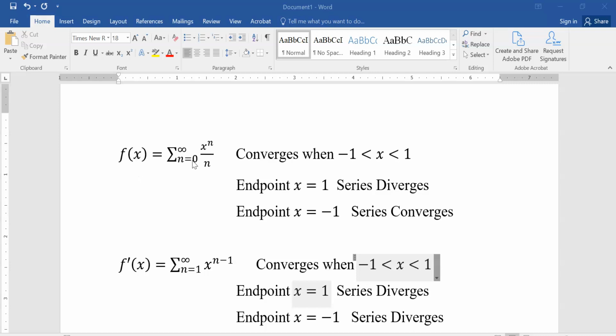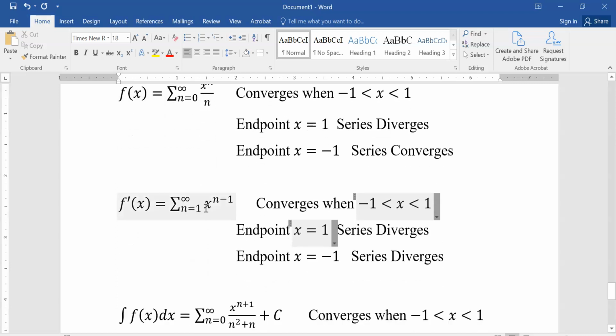All right, so let me write down what I just said. So we have a function here. Earlier we saw that it converges when x is between -1 and 1. And earlier we saw that at this endpoint, when you plug in 1, the series diverged. But when you plugged in -1, the series converged. So what I'm saying is that if I would have taken the derivative of this function, by the way, the derivative of this function would look like this.